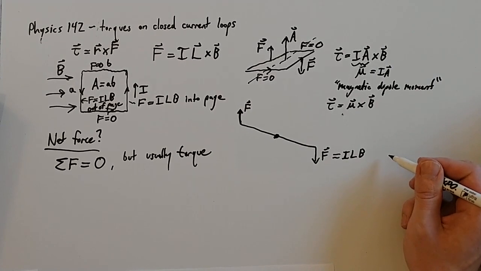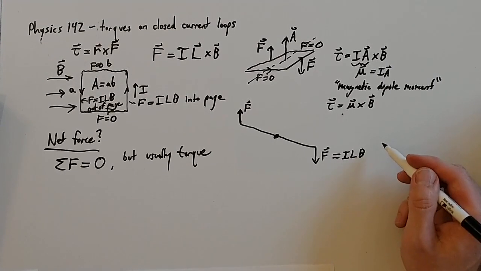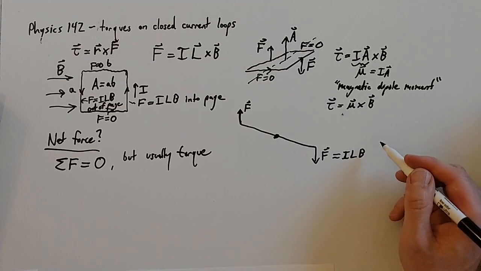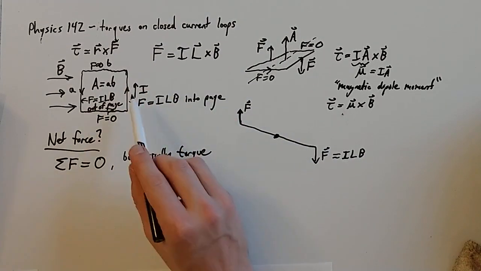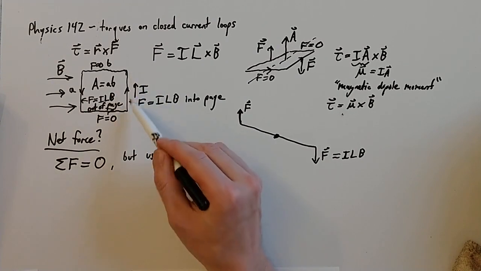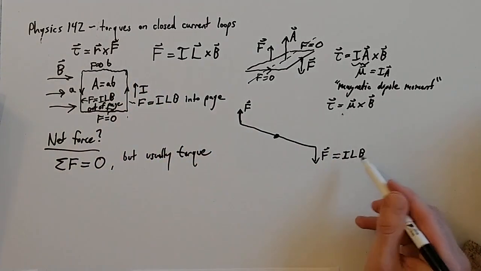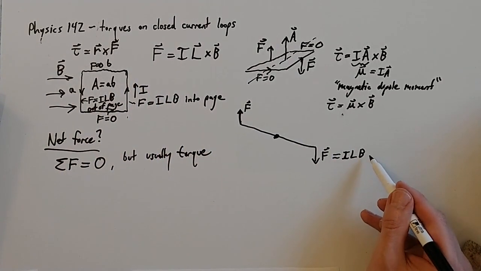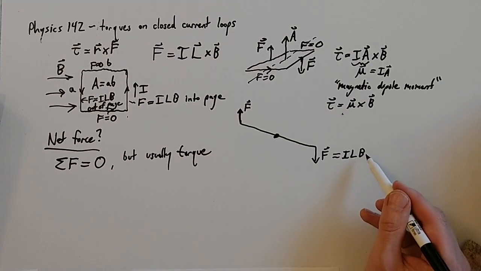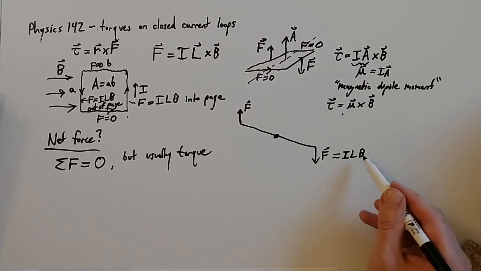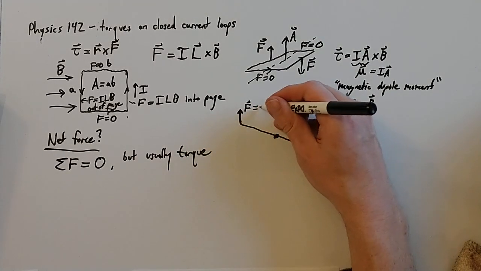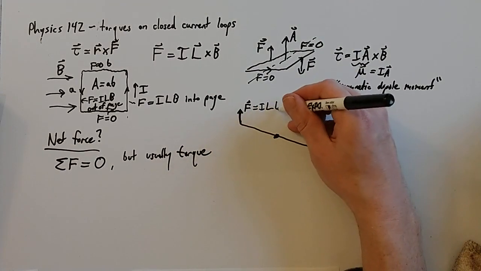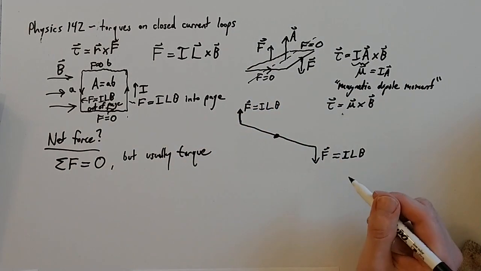That 90 degrees is the angle between L and B. So L is going like this, B is going like this, and as it rotates, that's not going to change. The angle between L and B doesn't change, so this force is always ILB, and always into the page here. Similarly, this force is also ILB, and out of the page.